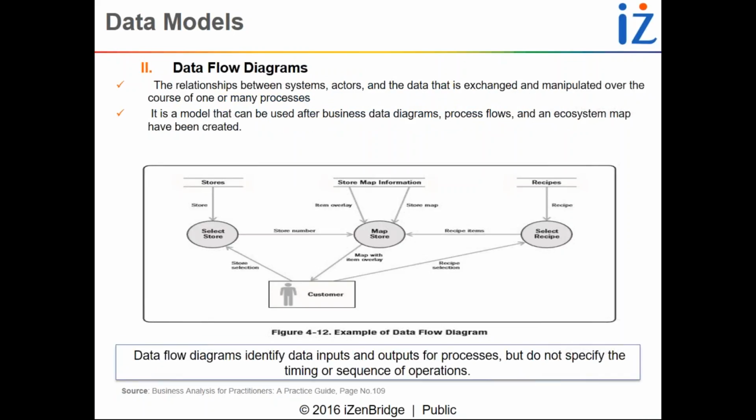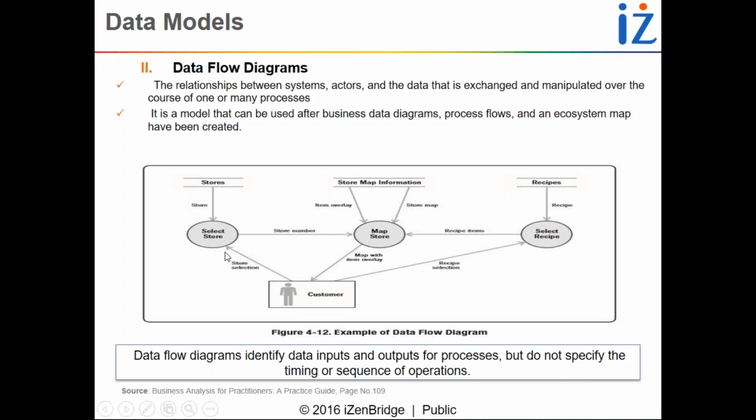So, the data flow diagram. Here we are looking at the interaction between different actors like the customer, and processes and databases. It means an actor performs a process and gets some data. So the customer interaction triggers the flowing of the data. Here the customer is selecting the store, and a store and a map come to him.